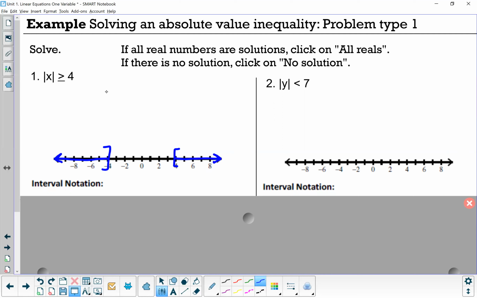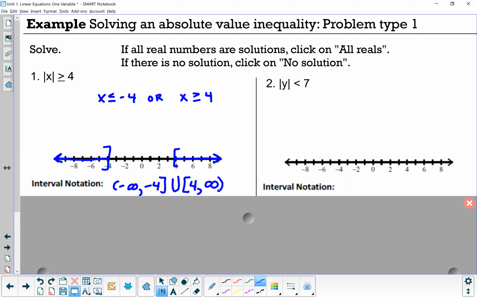In other words, we're saying x is less than or equal to -4, or x is greater than or equal to 4. So the interval notation for this is in 2 parts. We have -infinity, comma, -4 square bracket, and then our union, square bracket 4, comma, infinity.